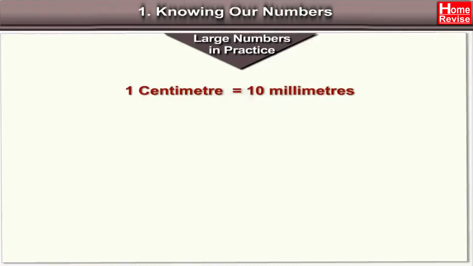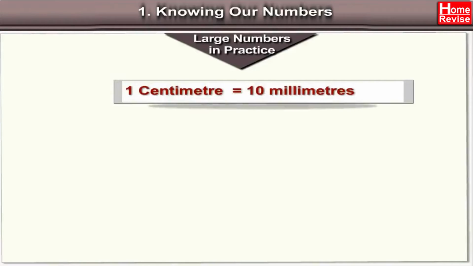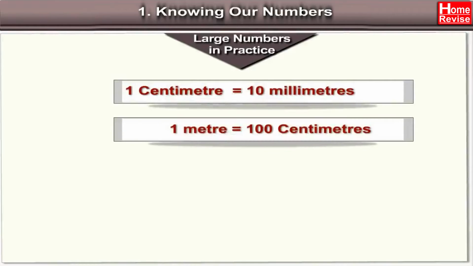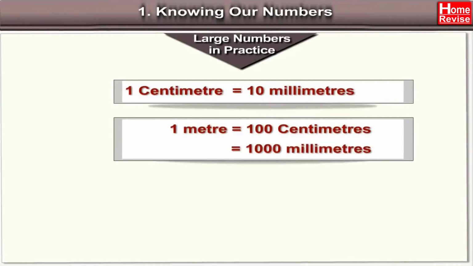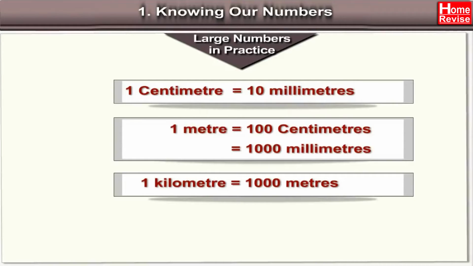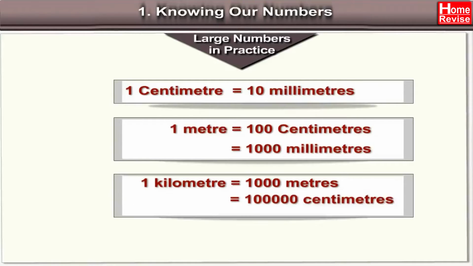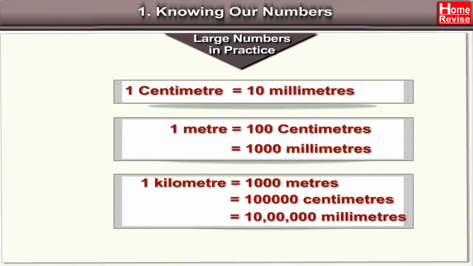We can write 1 centimeter is equal to 10 millimeters. 1 meter is equal to 100 centimeters, which is equal to 1000 millimeters. 1 kilometer is equal to 1000 meters, which is further equal to 1 lakh centimeters, which is further equal to 10 lakh millimeters.